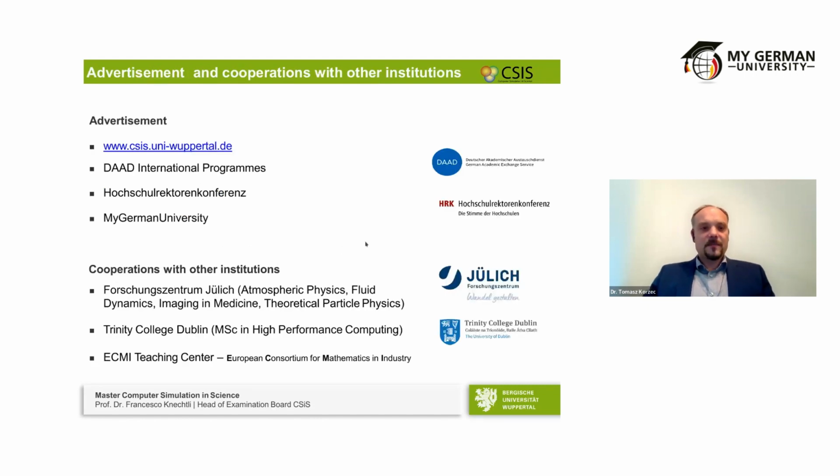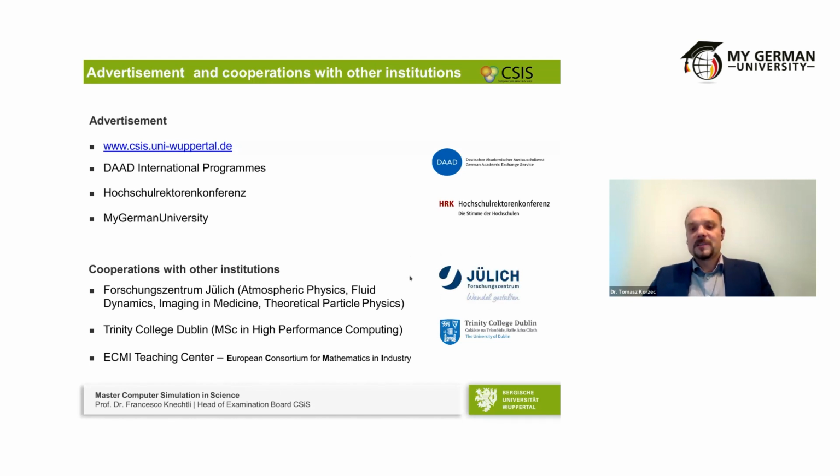Maybe at last, let me mention our cooperation partners. I think in this study program, the most important cooperation partner is this Forschungszentrum Jülich. Jülich is a very small town in between Cologne and Aachen, and it hosts a large research center.